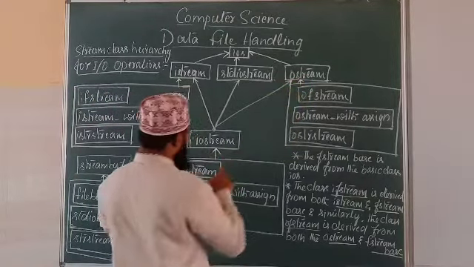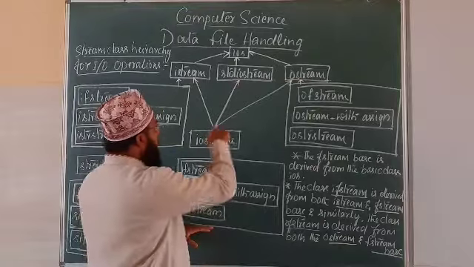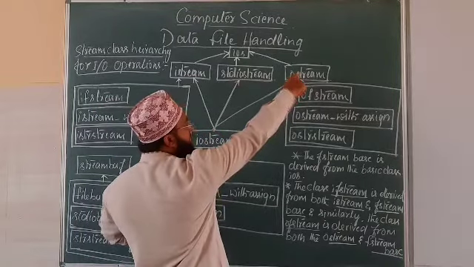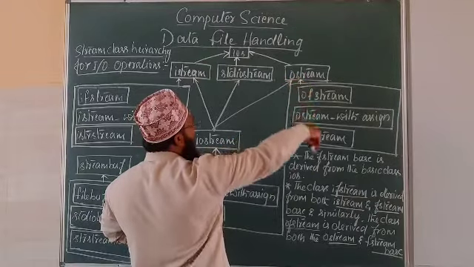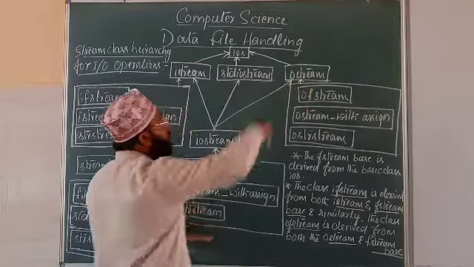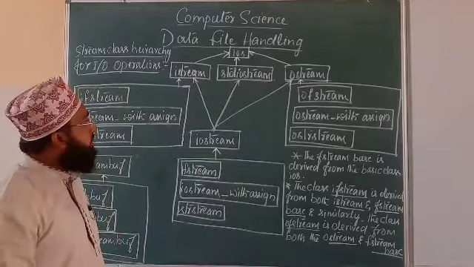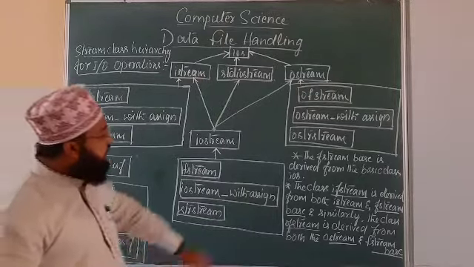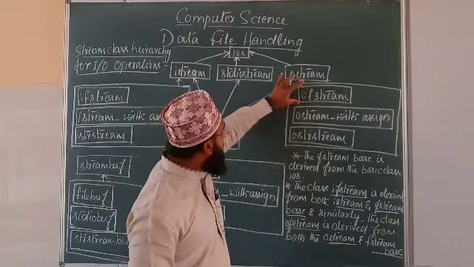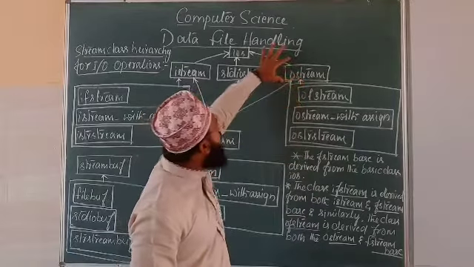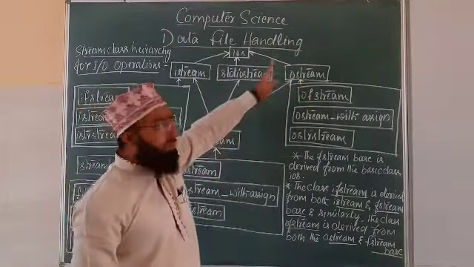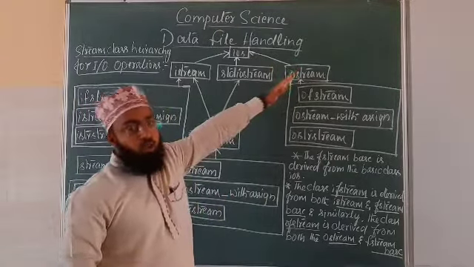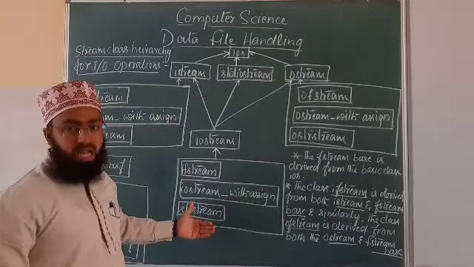One arrow mark is from fstreambase to ostream, and in the same way another arrow mark is given to ofstream. So the ofstream class is derived from both ostream as well as fstreambase. Okay, you write down this diagram.